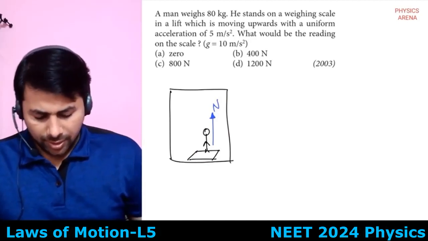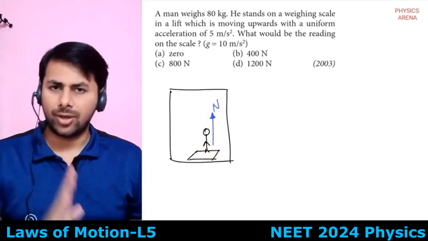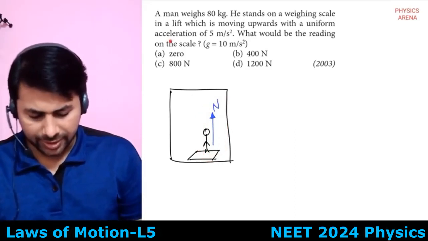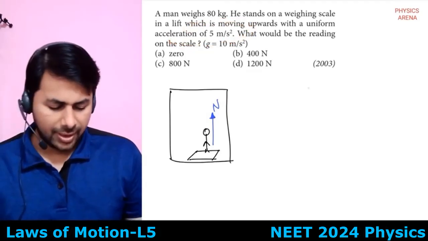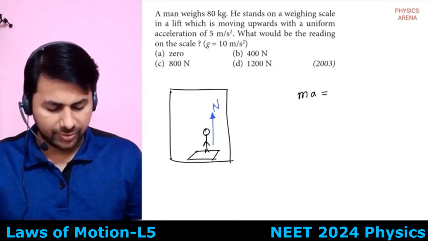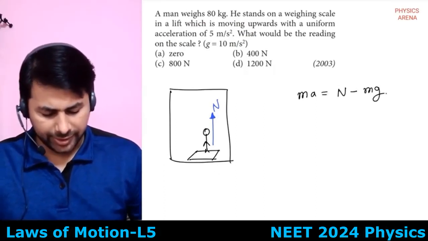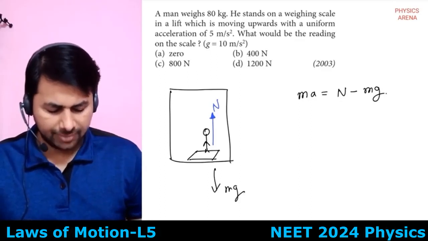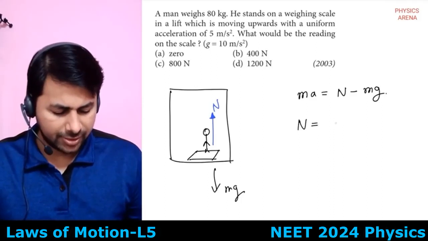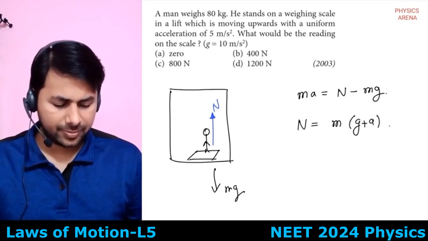So now let's check. The normal reaction is acting upwards, and the acceleration is upwards. So I can say the mass of that person multiplied by acceleration is equal to the normal reaction minus mg, the net upward force. Therefore, the normal reaction is equal to m multiplied by g plus a.